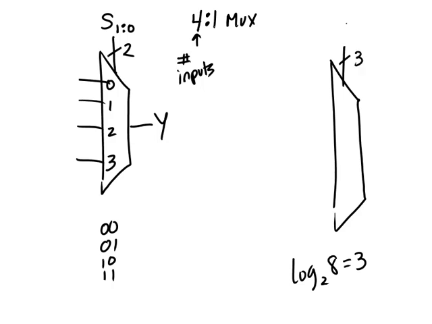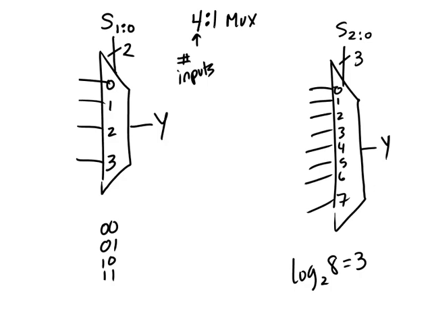We'll need 3 select lines to choose between 8 different things: 0, 1, 2, 3, 4, 5, 6, 7. So this one is an 8-to-1 mux. And in general, for an n-to-1 mux, we're going to need log base 2 of n select lines.